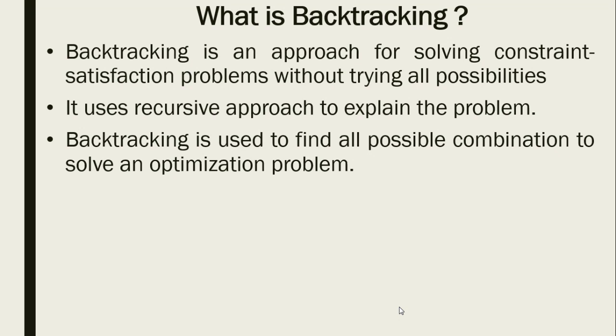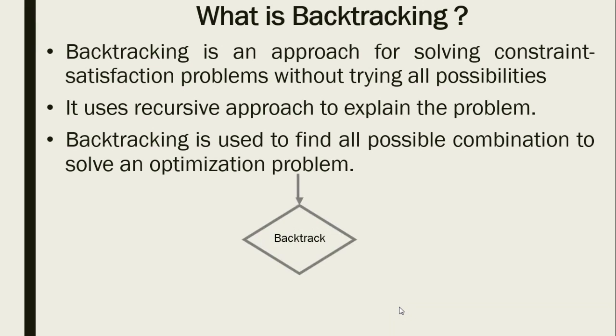This is how backtracking solves all subproblems one by one in order to reach the best possible solution. Of course, backtracking uses a recursive approach. It uses recursive calls to find the solution by building it step by step. We can say that backtracking is used to find all possible combinations to solve an optimization problem.